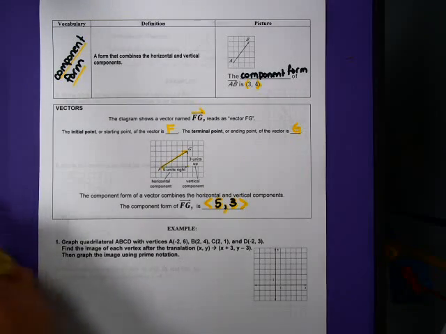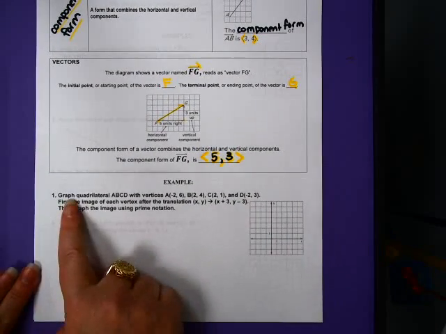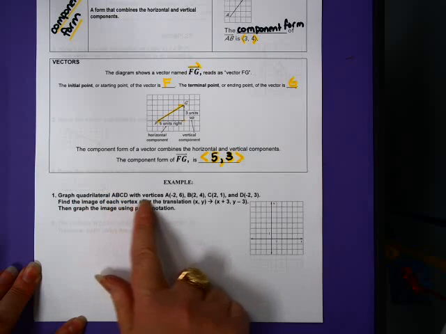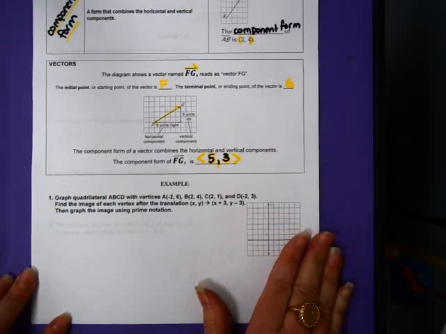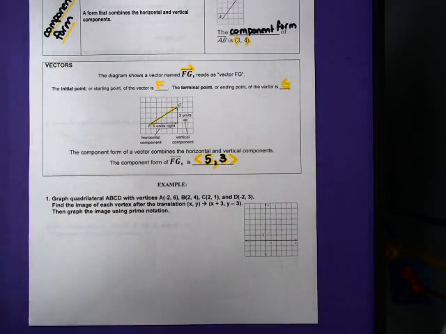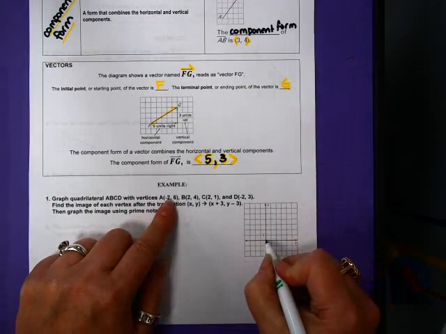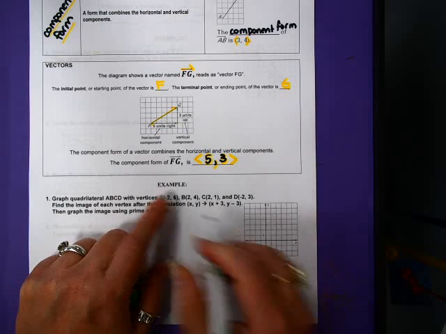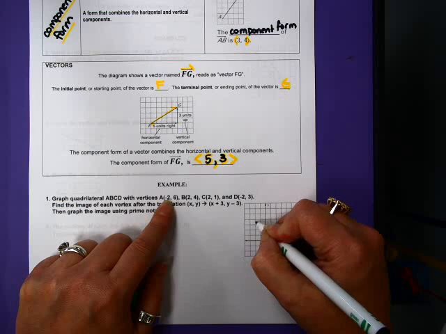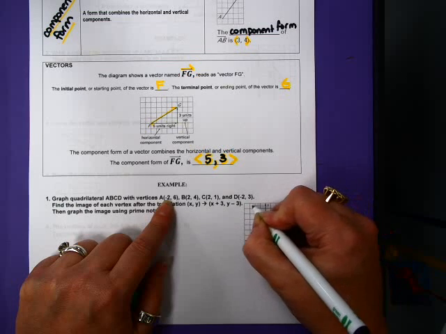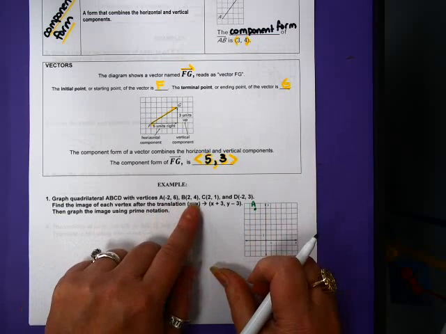Okay, let's do some examples. The first example says, graph quadrilateral ABCD with these vertices here that are listed. So that's the first thing we're going to do. Negative 2, 6. I'm going to put a dot, and I'm going to label A. 2, 4.